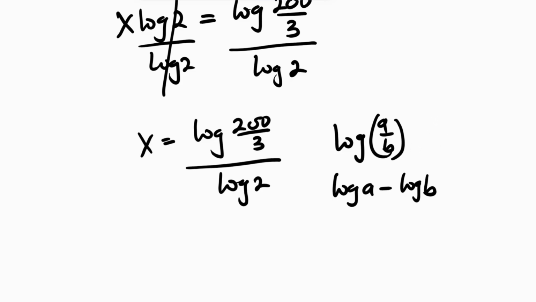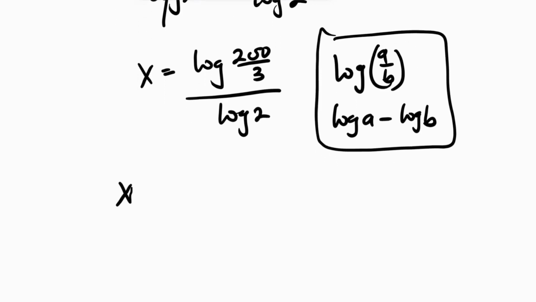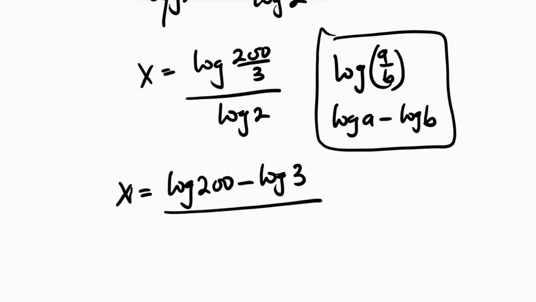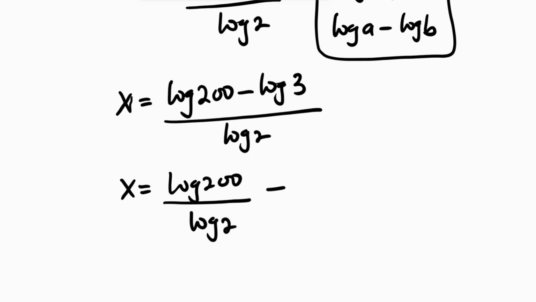Okay, so log 200 over 3 becomes log 200 minus log 3, all divided by log 2. So we can separate these into standalone fractions. This becomes log 200 divided by log 2 minus log 3 divided by log 2.